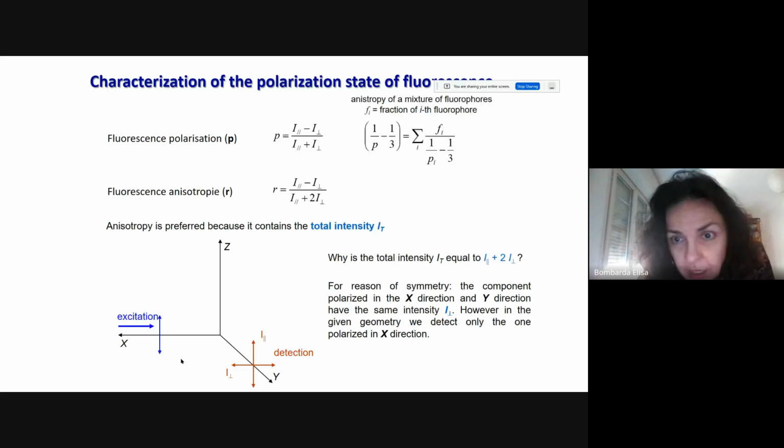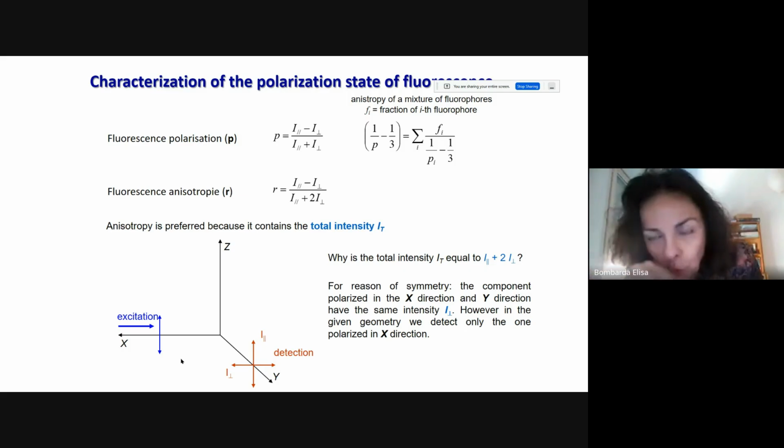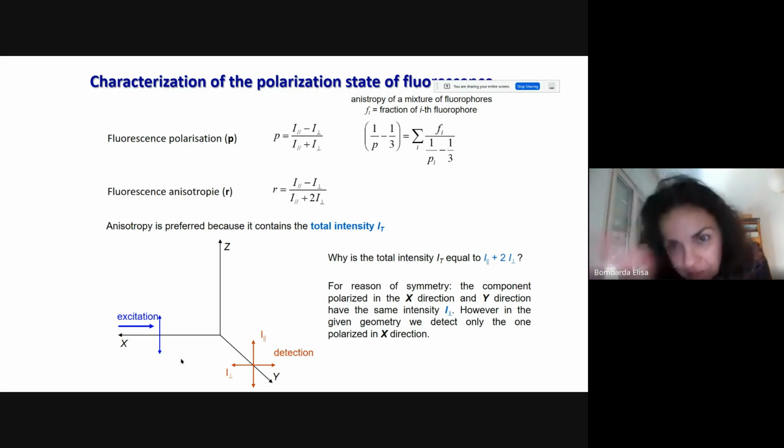Just an example. So this is the anisotropy of a mixture of fluorophores, and Fi is the fraction of such fluorophore. So then you see it's a little bit not very intuitive.